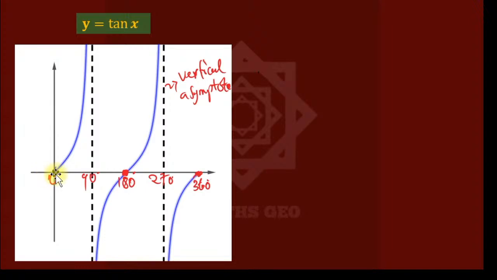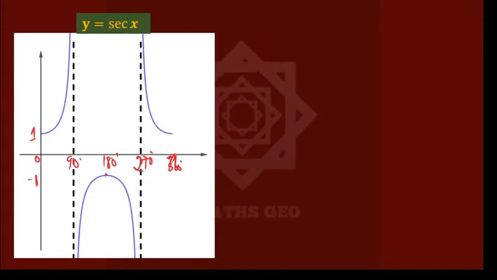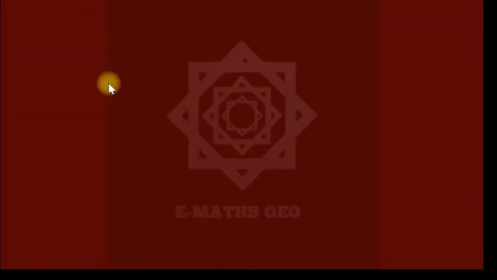For cot now, where does the vertical asymptote occur? Okay, let me just sketch before. Let's sketch the way we sketched. Let's draw the tan first.